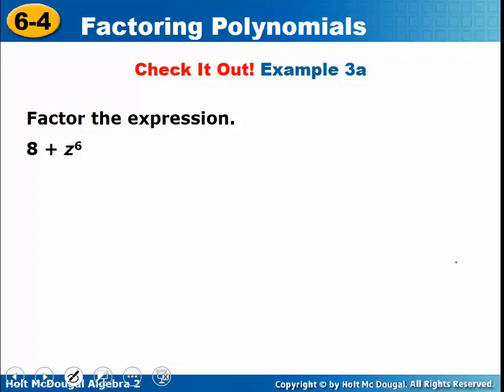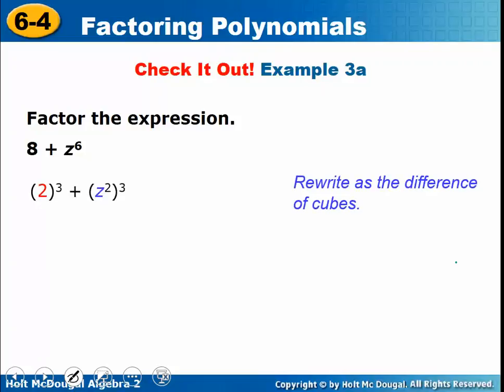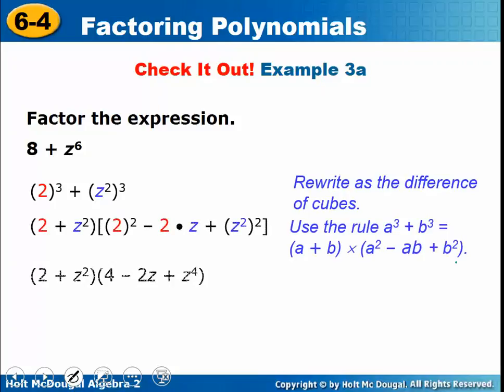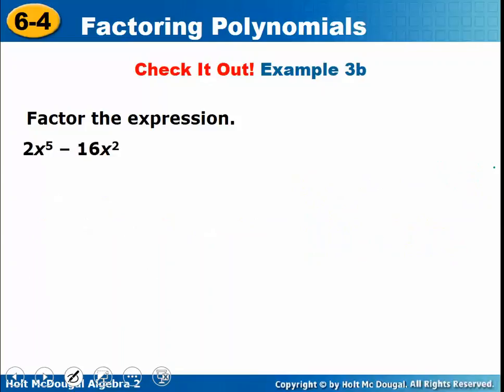This one is a little bit simpler. We have 2 for a and z squared for b, and we just plug them into the rule. This one's a sum of cubes, not a difference. And then this one's a little bit trickier because you have to factor first. You have to factor out the common factor of 2x squared.